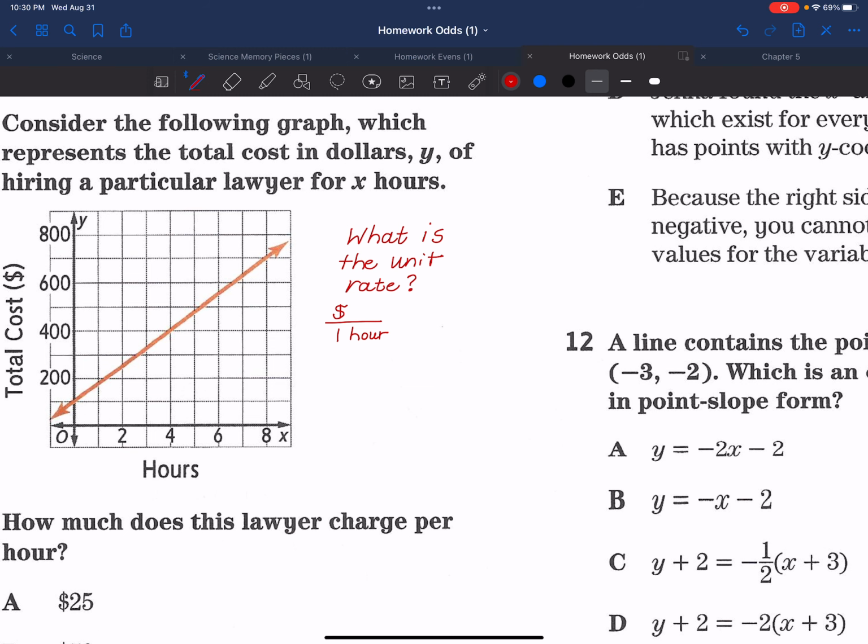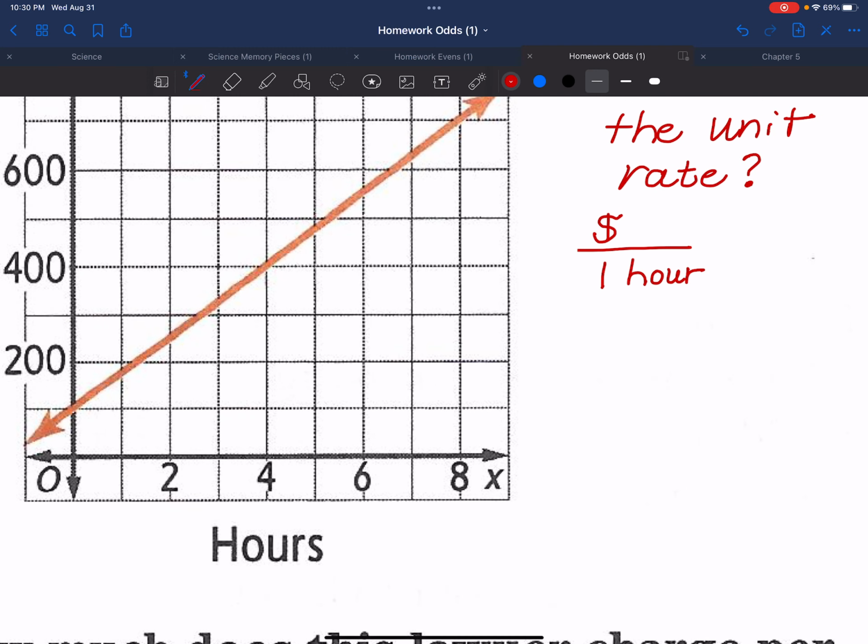Now, why can't I just go over to my graph and say over 1 up to the line, and that is my unit rate? Why will that not work on this graph? For a unit rate to work that way, you must pass the 0, 0 test, meaning there must be a point at 0, 0.